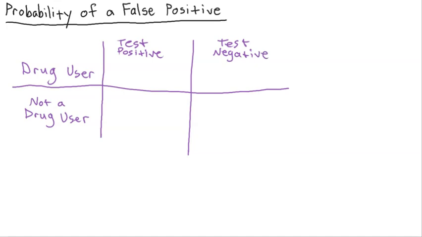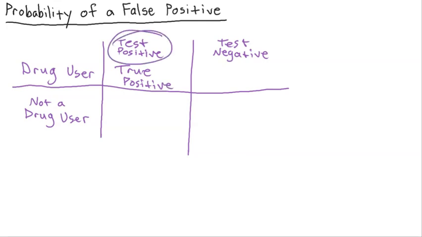If the person is actually a drug user and they test positive, that's right here, then the drug test is correct. It's true. We call that a true positive, because it told the truth.